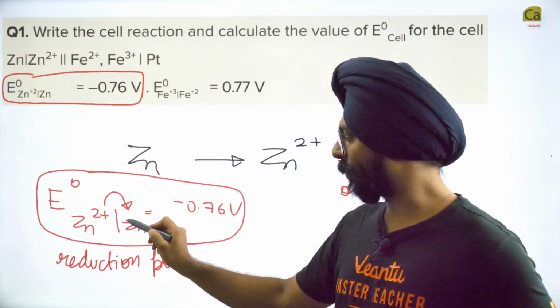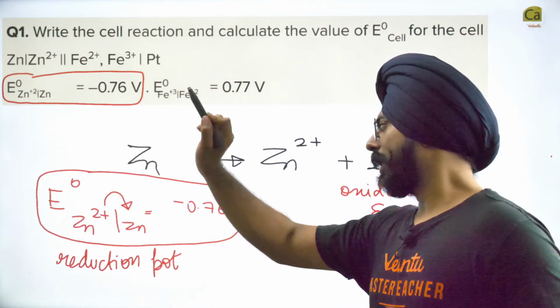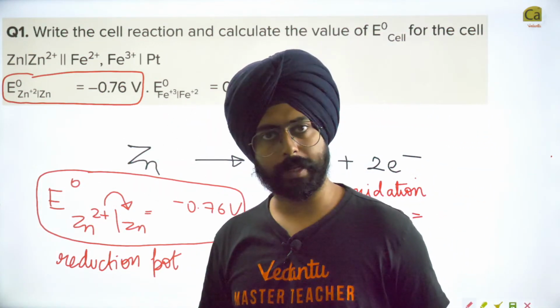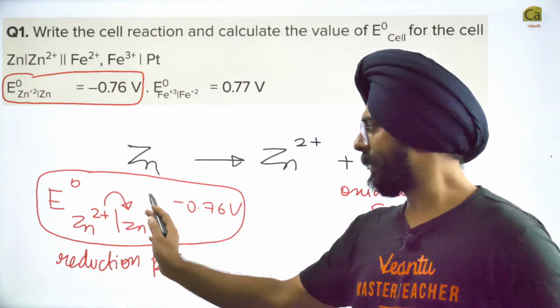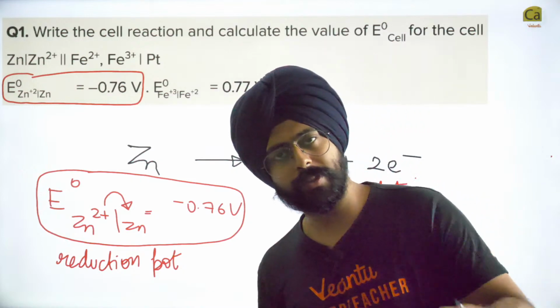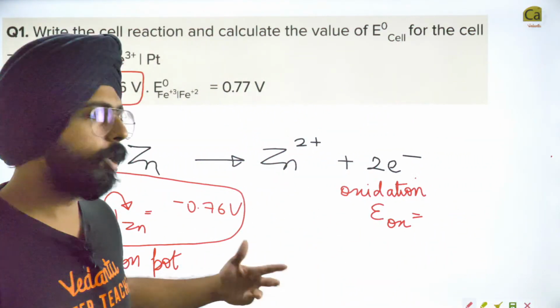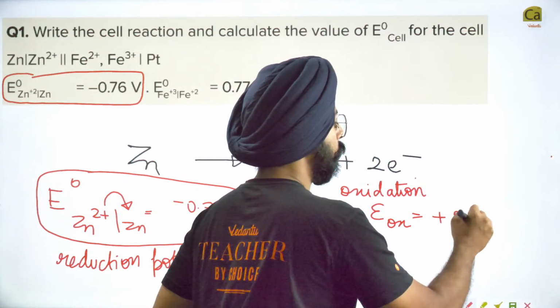So this process will be reduction. It is going from Zn2+ towards Zn. है ना? This is your reduction reaction. So if the reduction potential is minus 0.76, what will be the oxidation potential? Oxidation potential will be plus 0.76.